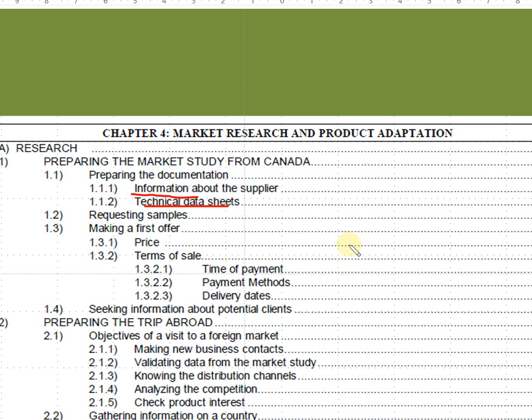It gives detailed descriptions of the characteristics of your product. This is a technical sheet: the electric source, the capacity, the purpose, like that. This is composed of the technical data sheet, and then requesting samples and then making the purchase order.